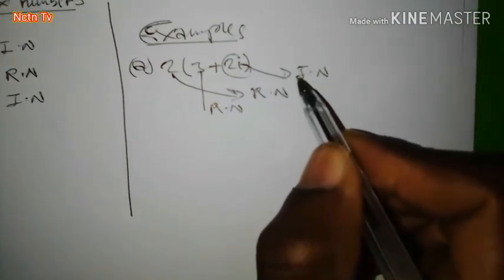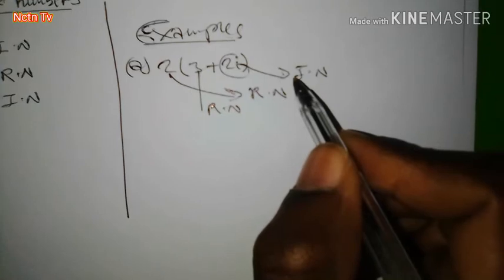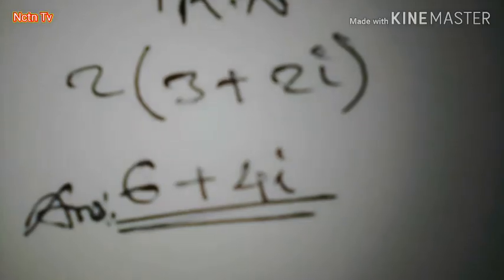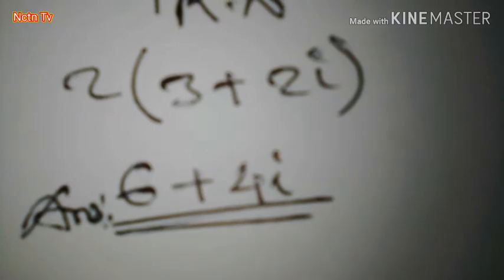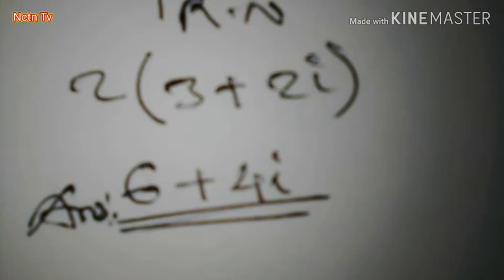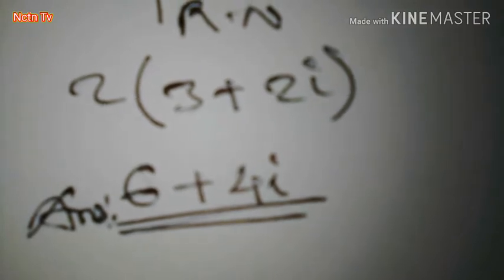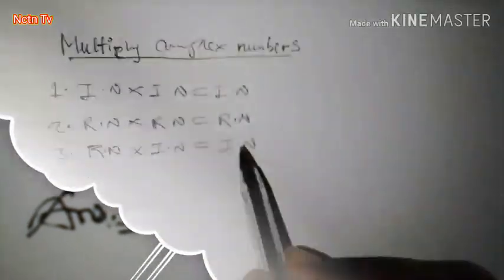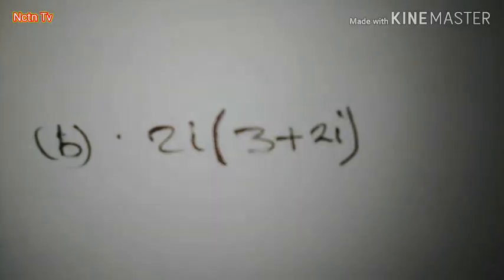So in this case, it is not going to be a problem to work out this solution. We just say 2 times 3 gives us 6, and 2 times 2i gives us 4i. That's the answer. Okay. Here is another example.